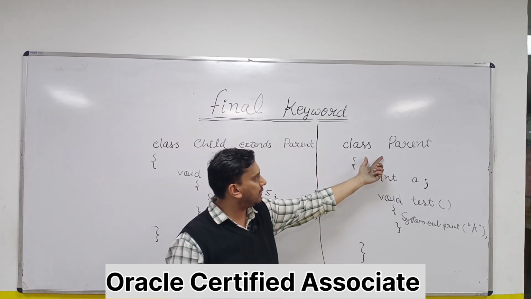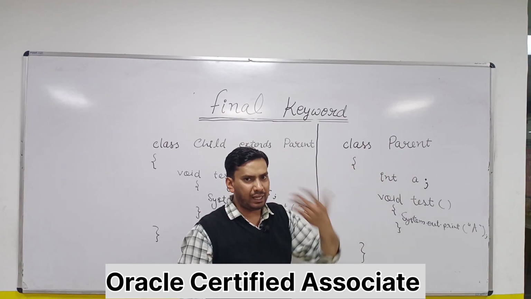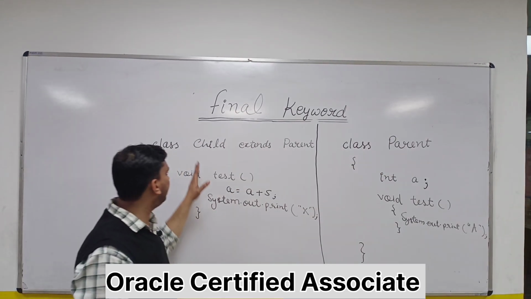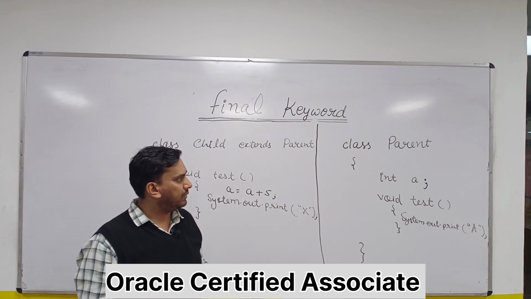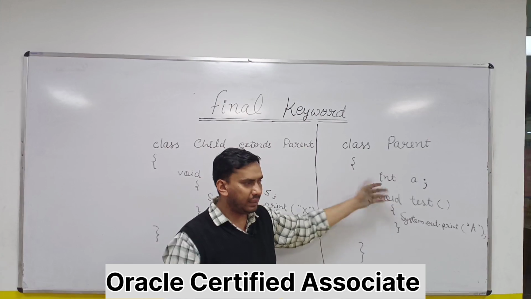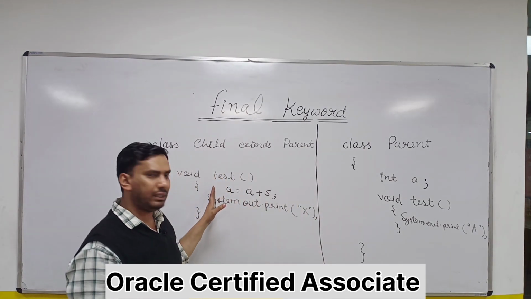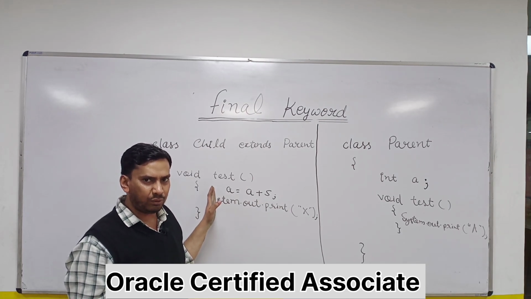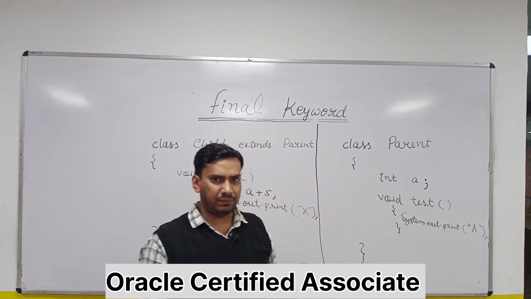Let's say this class parent is created here, and somebody created some class child by inheriting my class parent. Obviously this data member is inherited here, so the value of a will be modified here by the child classes. This is allowed. Anybody can change your value, the first thing.